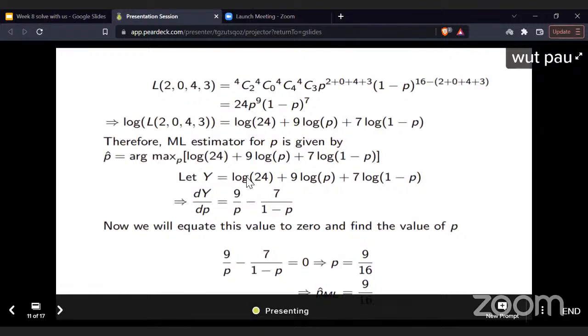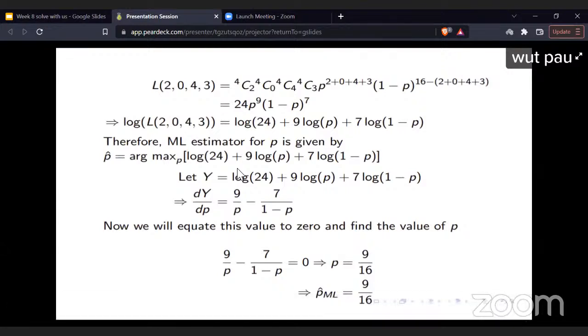Log 24 is a constant, so its derivative is 0. 9 times log of p becomes 9 by p, plus 7 times log of 1 minus p becomes 7 divided by 1 minus p, and since we have the constant minus 1, this minus 1 gets multiplied, and we get 9 by p minus 7 by 1 minus p. Now we put this equal to 0 to get the value of p. Once you do it, you get p hat, the binomial estimate of p, to be 9 divided by 16.